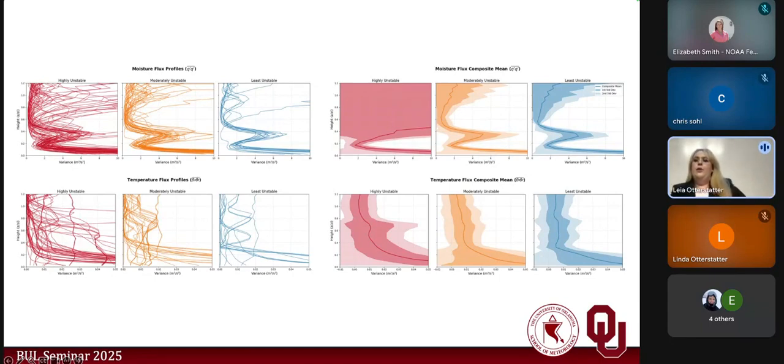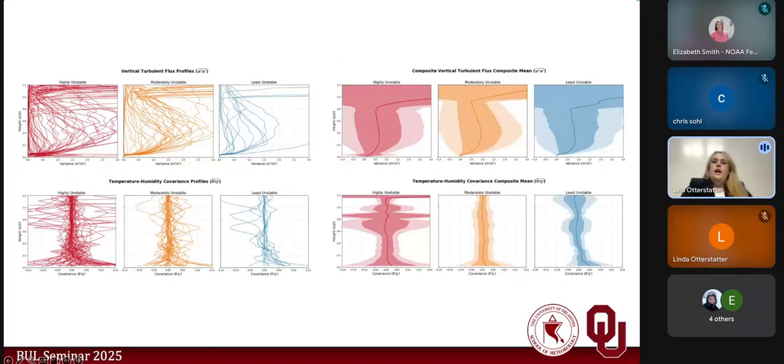And the right panel shows the composite mean, which is that solid line that you see of all these cases or spaghetti plots. So you can get more of a visualization of what is occurring with the fluxes. And there are standard deviation spreads for each regime. So the darker shaded region is 1 standard deviation, and then the lighter is 2 standard deviations away.